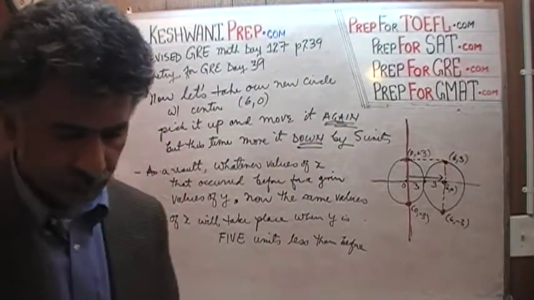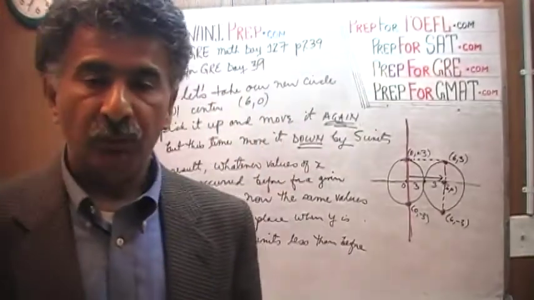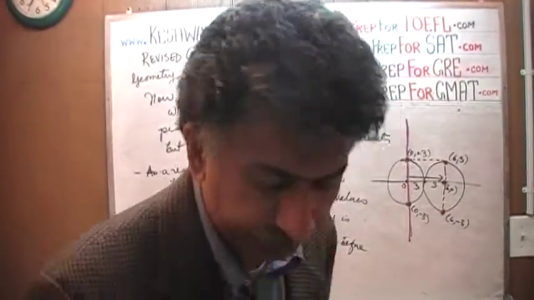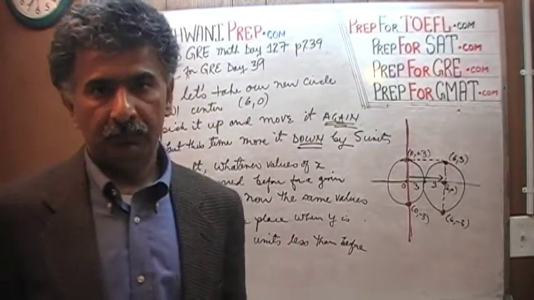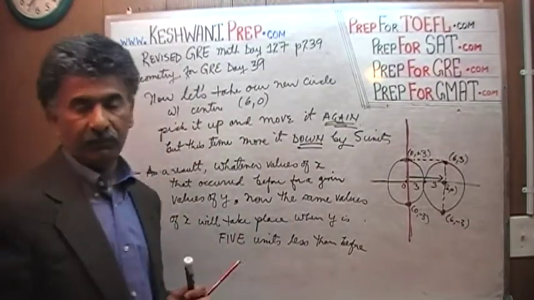In other words, whatever value x was when y was 5, that same value of x will take place now when y is 0. It's 5 units less than before.